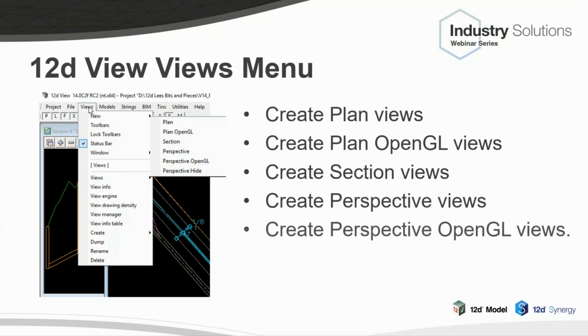Perspective views and also OpenGL perspective views. Some people have asked me, why on earth do we still have 3 view types? Why don't we just have one view and you look at it in, say, plan or whatever? Well, that's all very good, but a lot of information doesn't necessarily show up in a 3D view. For example, for 12D model users and surveyors, Z values may be null.